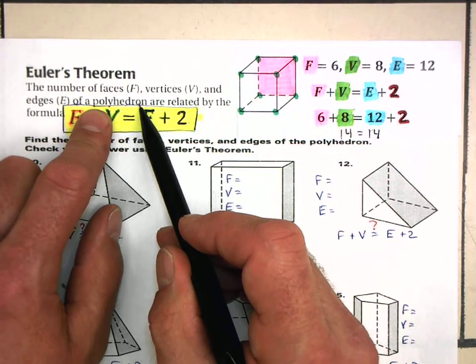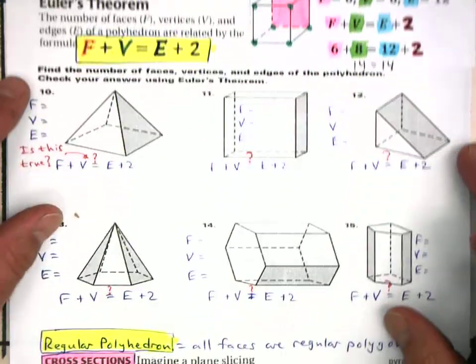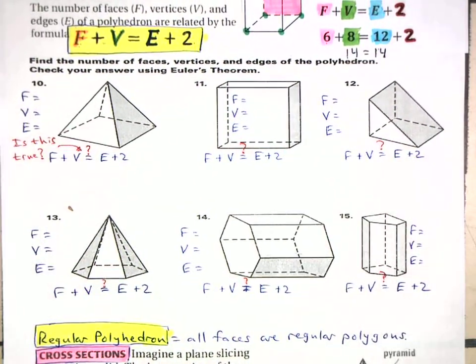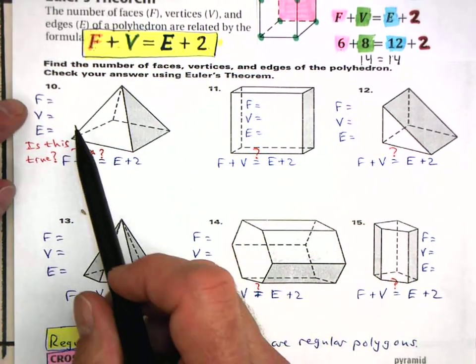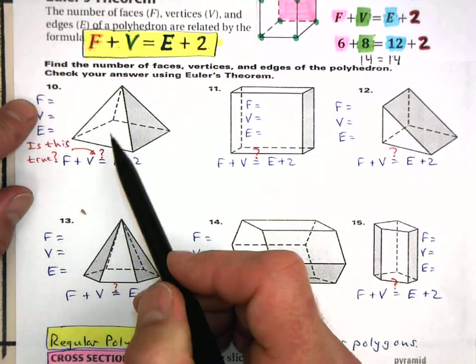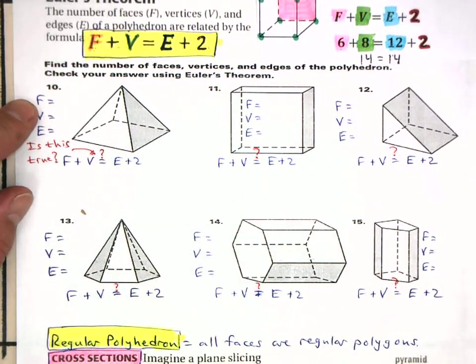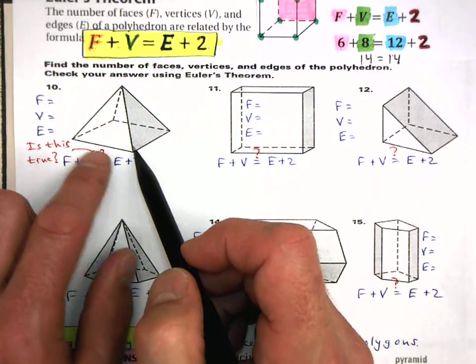It has to be a polyhedron. So I give you 6 different polyhedrons here, and what I'm asking you to do is go through and tell me the number of faces. On this one, first of all, what kind of a solid is this? It is a pyramid.